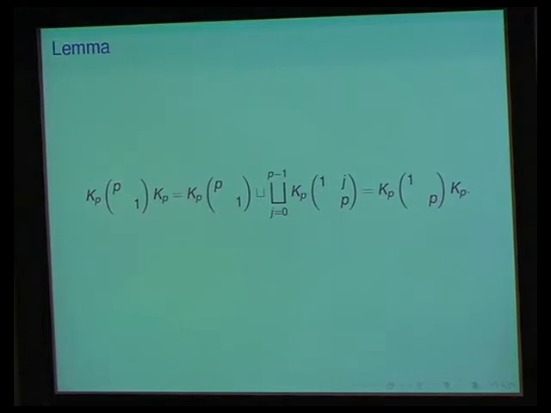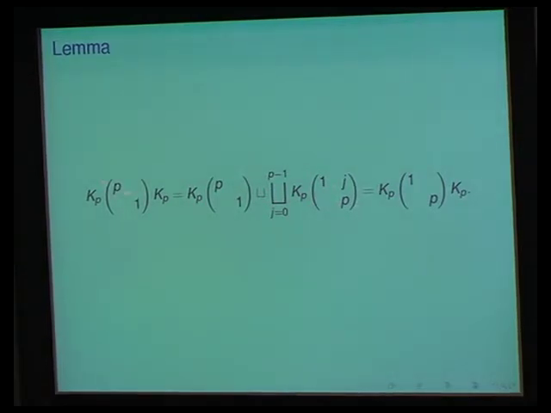And this is some compact open set in GP. So it can be written as a finite union of these cosets of one-sided coset spaces. And here's a concrete way of writing this. So it's KP times the original element, disjoint union of KP times these other elements.